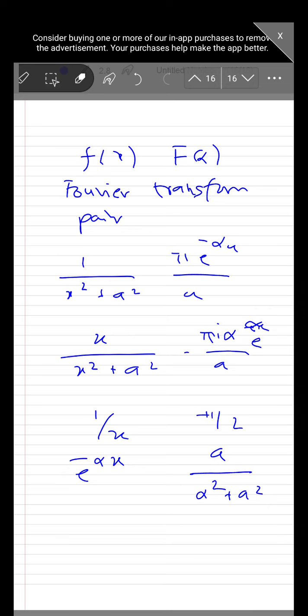And if it is e to the power minus a x square, it will be root pi by a times e to the power minus alpha square by 4a.